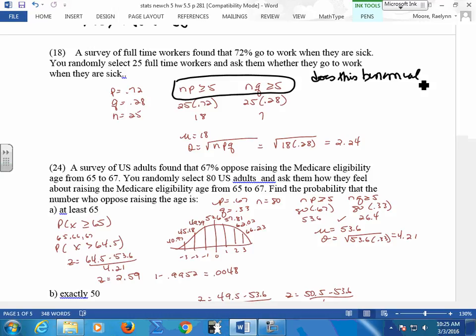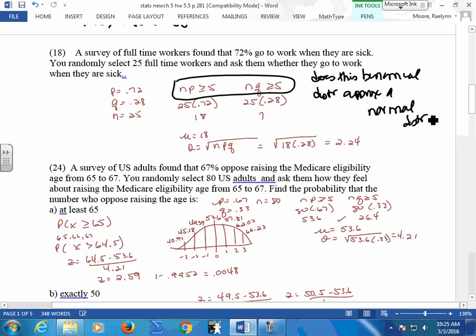What's the probability that 4 of the 7 are successful? That's your binomial. Does this binomial distribution approximate a normal distribution? If it does not, then we cannot use your z-score. So if it does, then we can use your z-score. That's what we're about to do today. Use the z-score with it. But if it fails, we stop.